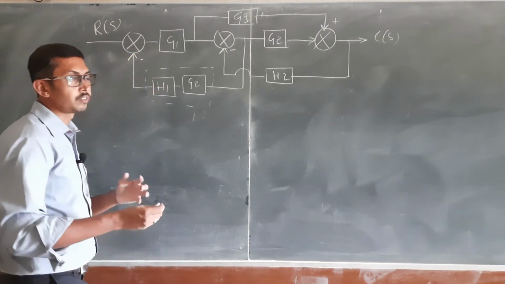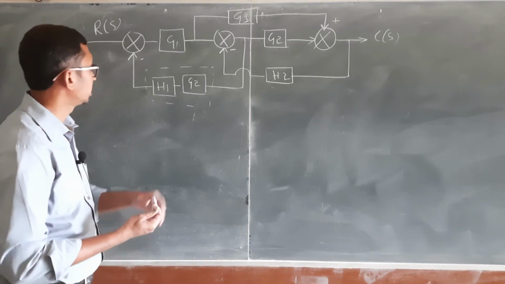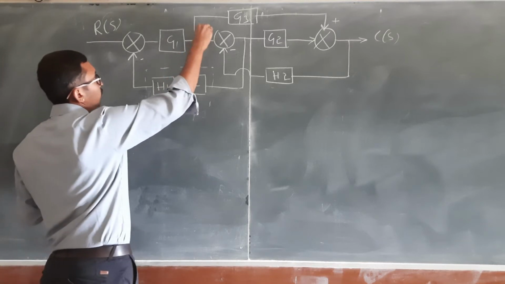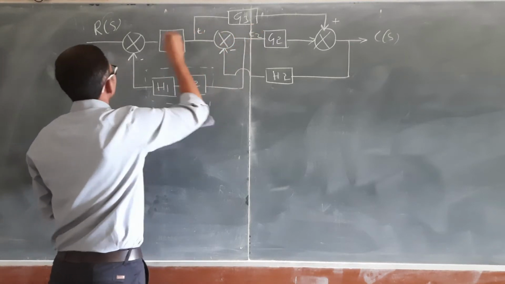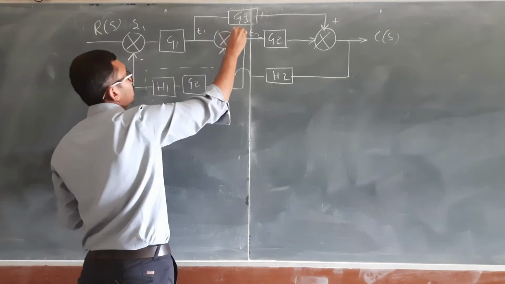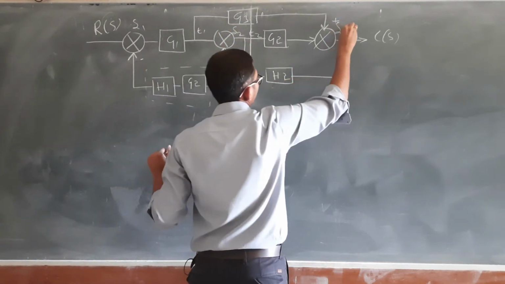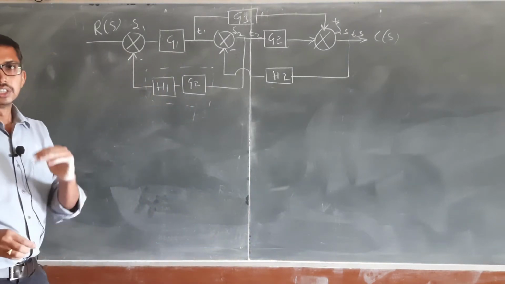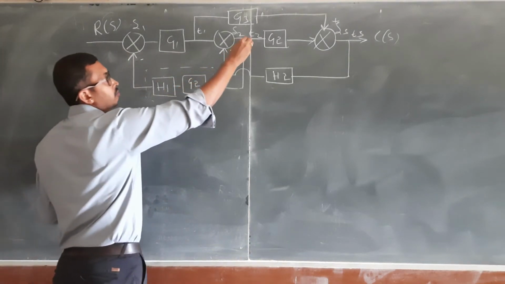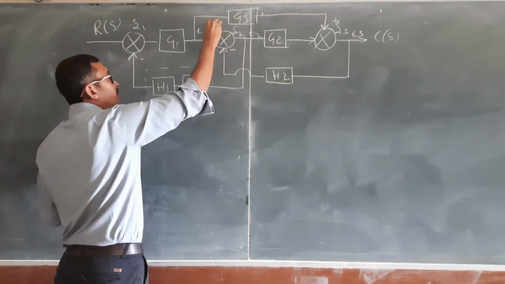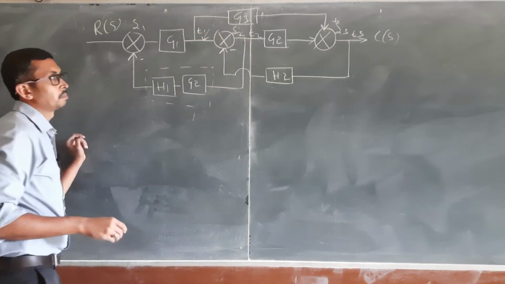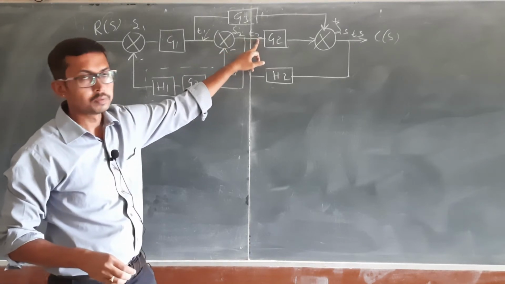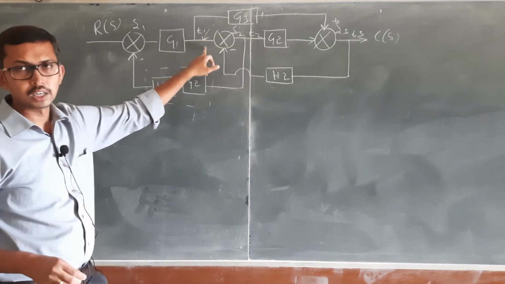So after repeated procedures, what I came to know is, let me name these takeoff point 1, takeoff point 2, summing point 1, summing point 2, and summing point 3, takeoff point 3. The rule I am applying is shifting the takeoff point T2 before the summing point S2. I am shifting this takeoff point T2 before the summing point S2.